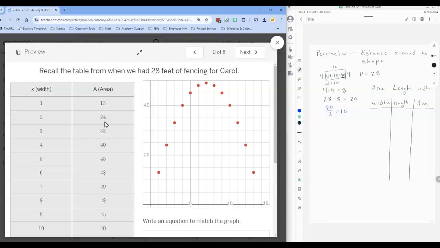So we already did a width of 10. Let me just write these numbers down here: 6, 7, 8, 9, 10. We did a width of 10. We found the length would be 4. And then if we multiply those together, we get the area of 40. So you can see down here, they have width of 10, area of 40. They've just left out that middle column of length, which would be right here.